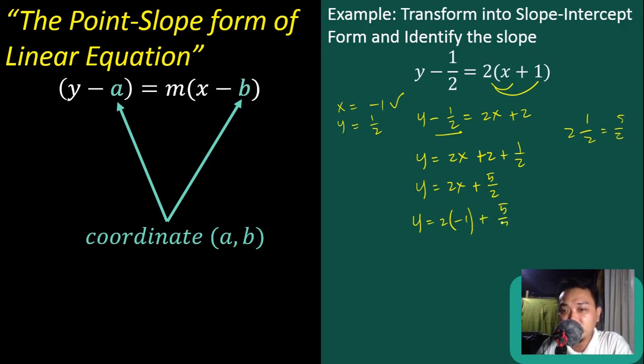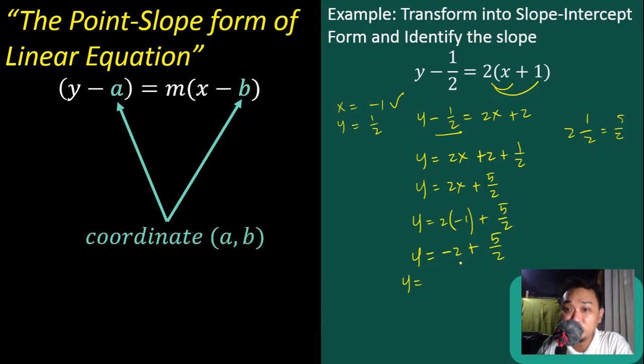plus 5 over 2. So y there becomes 2 times negative 1 is negative 2 plus 5 over 2. Y is equivalent to, si negative 2, pwede natin siyang i-express as fraction na ang denominator 2.